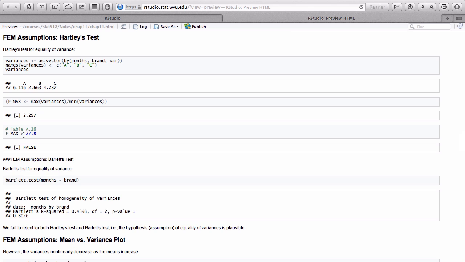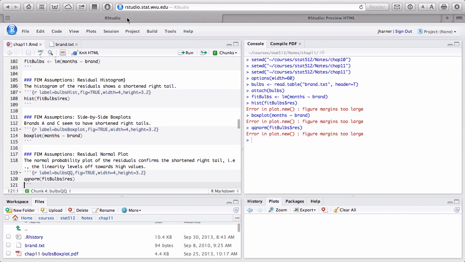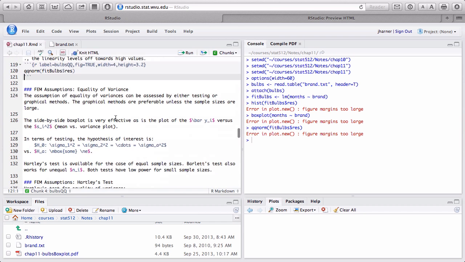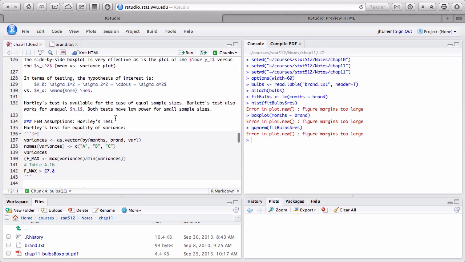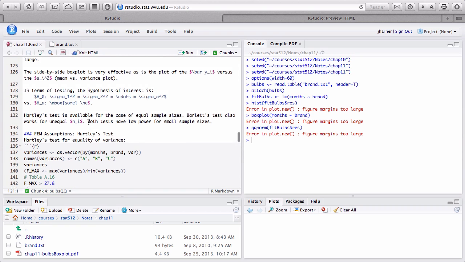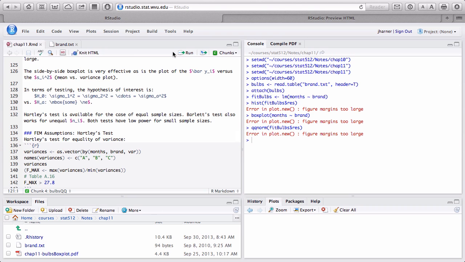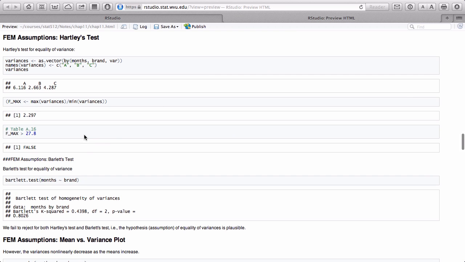The Fmax is 2.297, and yet I would actually have to have the ratio of the biggest to smallest to be about 27.8.